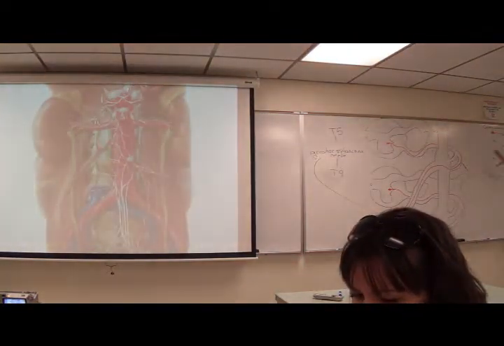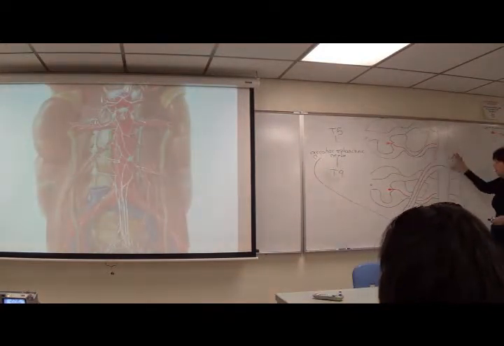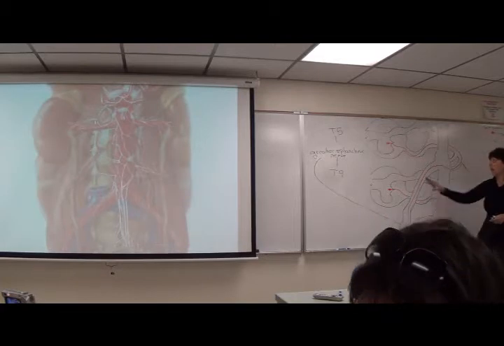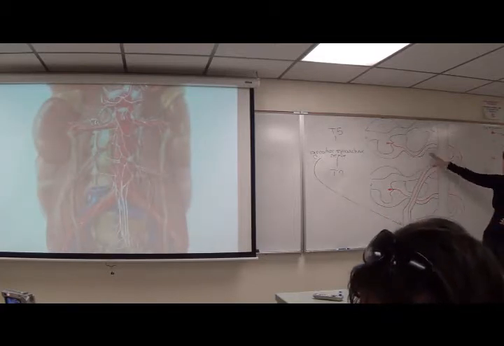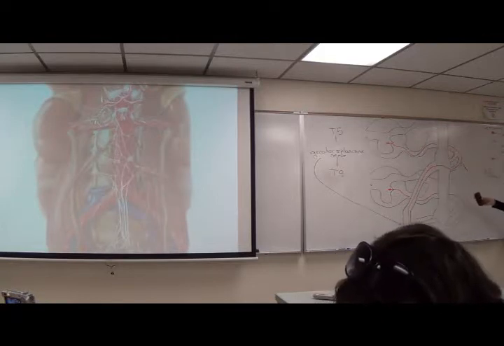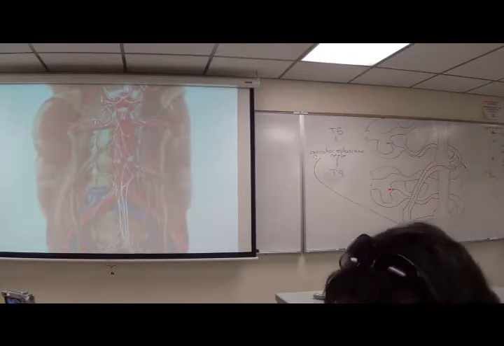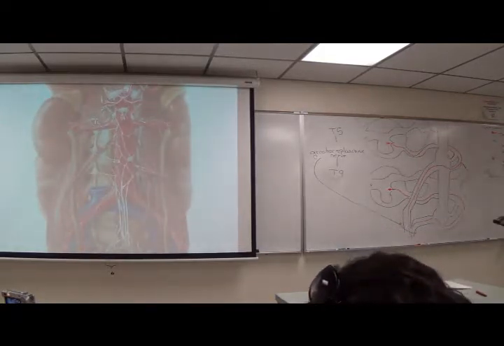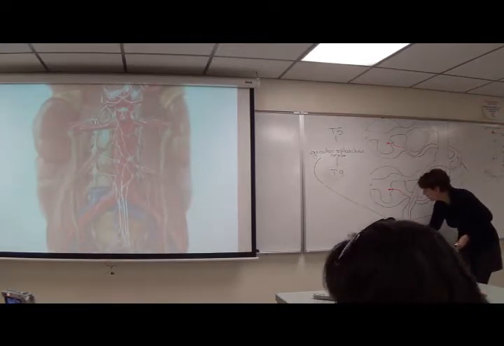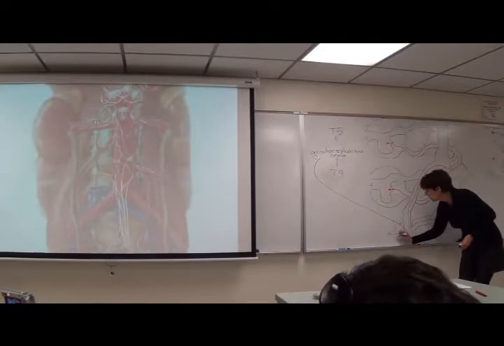So if this is our greater splanchnic nerve, this is going to end up at the celiac ganglia. Let me just draw an arrow showing where this is going. So these are going to the celiac ganglia.